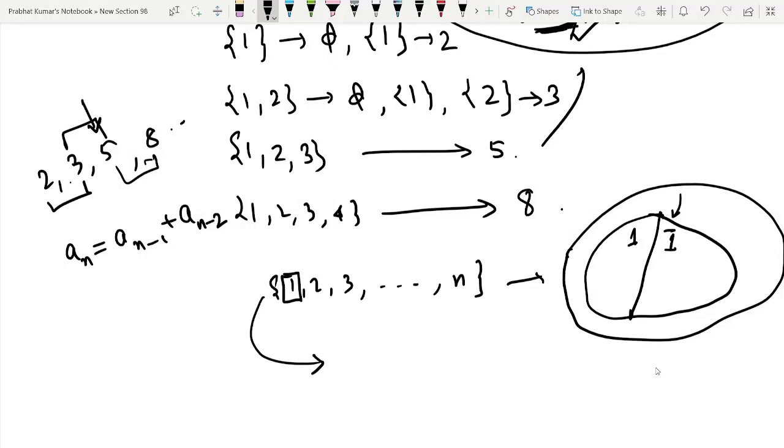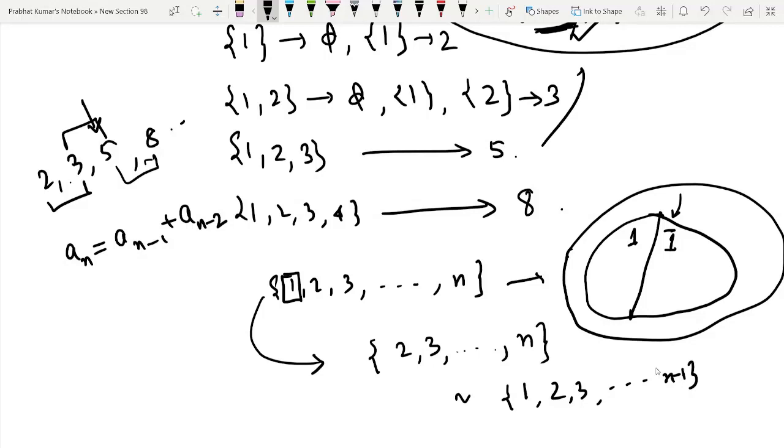Suppose it does not contain 1. Then we are trying to find all the subsets from 2 to n. So it's not different from finding the subsets in 1 to n minus 1. If 1 is not in the subset, it basically starts with 2.